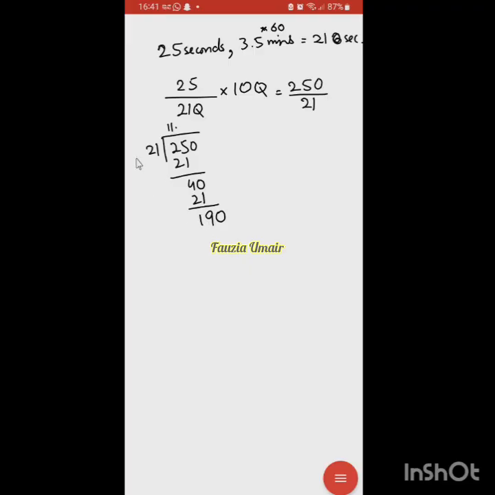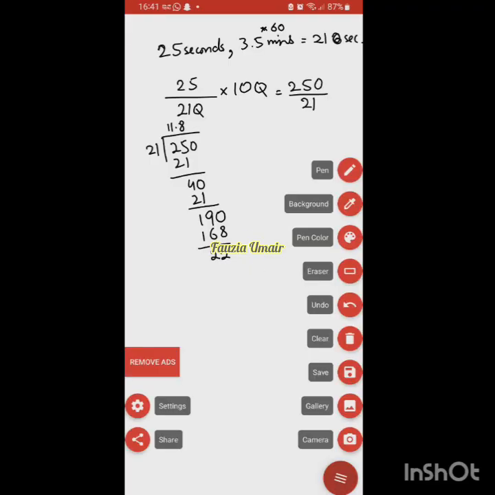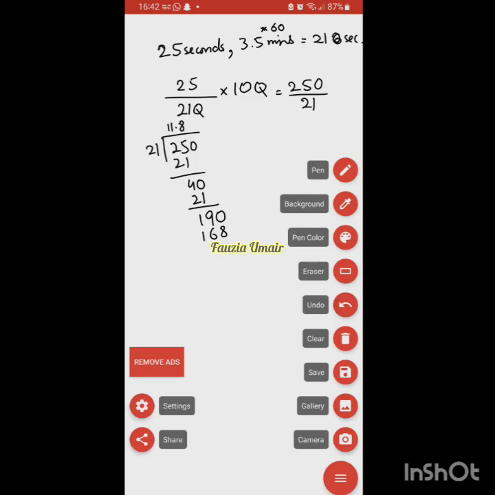Now 21 into 8 is 168. Oh no, we need to do 21 nines are 189.